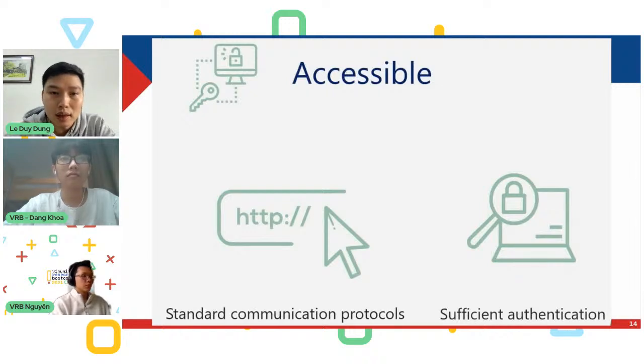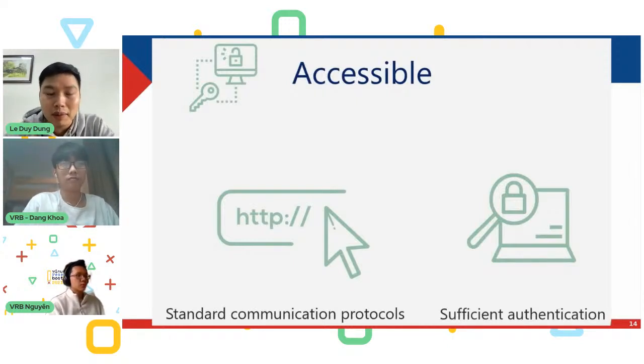Accessible is another principle, where you should follow some standard protocols. For example, this data could be accessed through some URL with security features like HTTPS or HTTP. So you should make sure that you have a good protocol for people to access your data.